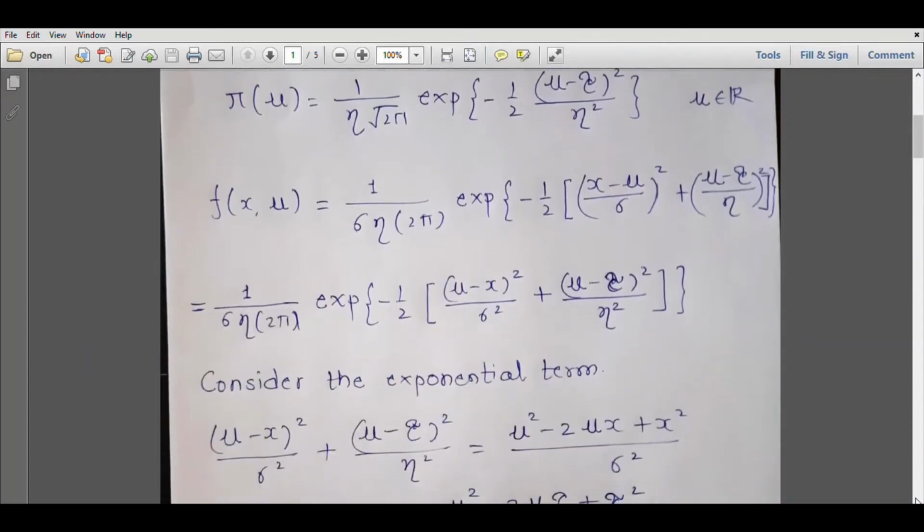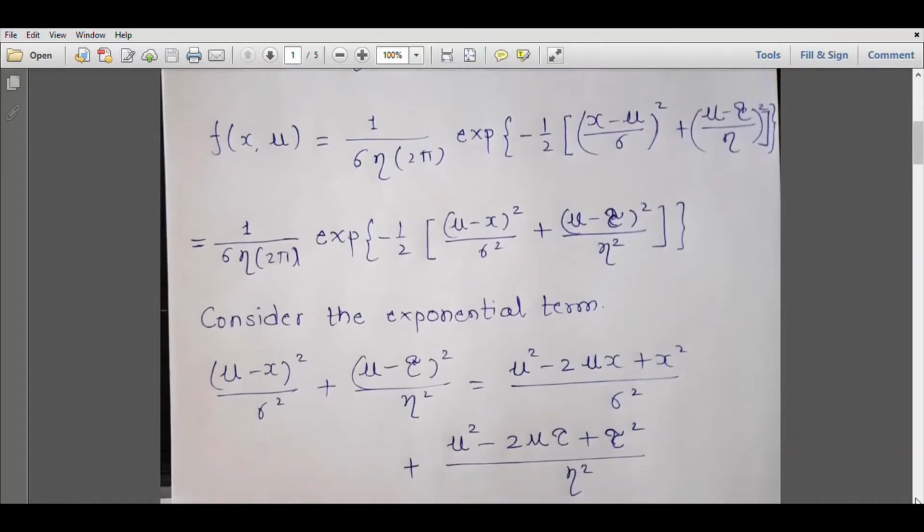Now let us try to simplify the exponential term. So let us consider these exponents together and then expand the square term. So mu minus x whole square by sigma square plus mu minus tau whole square by eta square will become mu square minus 2 mu x plus x square upon sigma square plus mu square minus 2 mu tau plus tau square upon eta square.